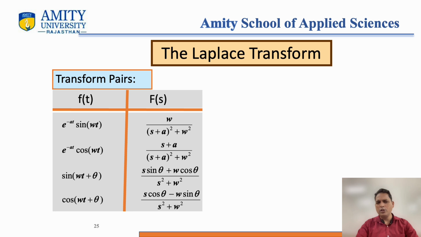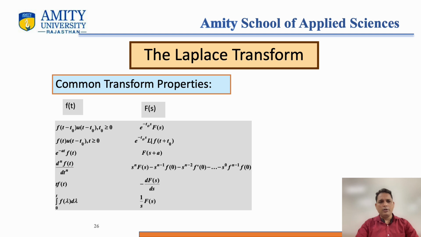So it's an easy way to find the Laplace transformation of this function. In the same manner, the next answer can also be concluded: the Laplace transformation of cos of omega t plus theta. These are the few relations which we have to memorize to determine the results.